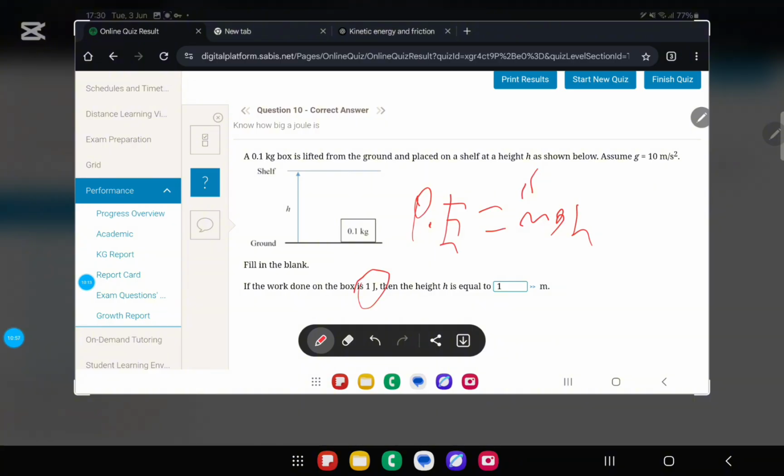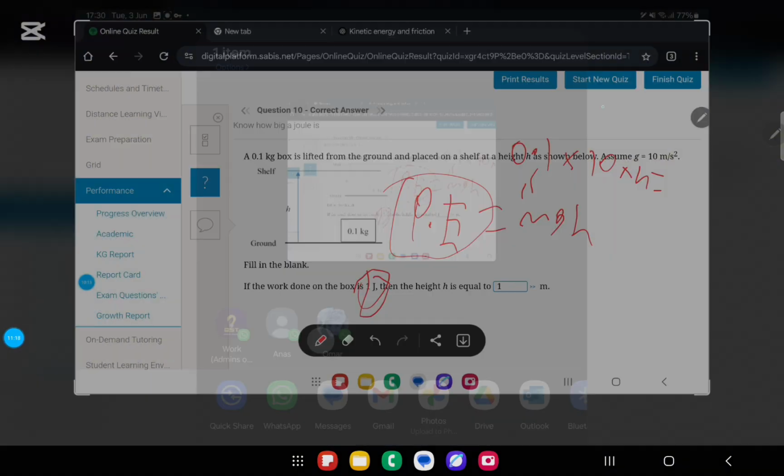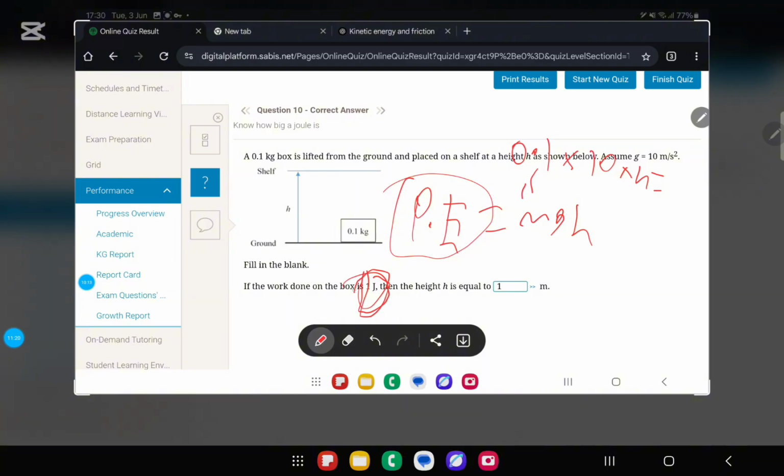Basically, it's work done by gravity. 0.1 is the mass, times the gravitational acceleration, 10, times h equals the energy, which is 1 joule, which they already gave us.